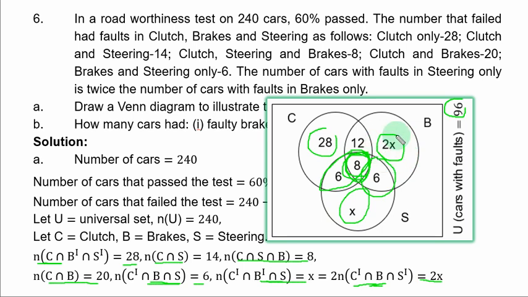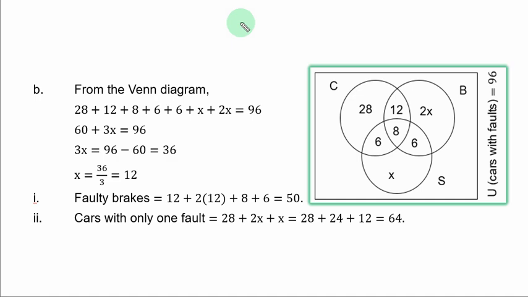To find S, you need to add everything in the subset and equate it to 96 before you can answer part B of the question. Before we can attempt part B, we need to get S. So you have to add everything in the subset and equate it to 96.